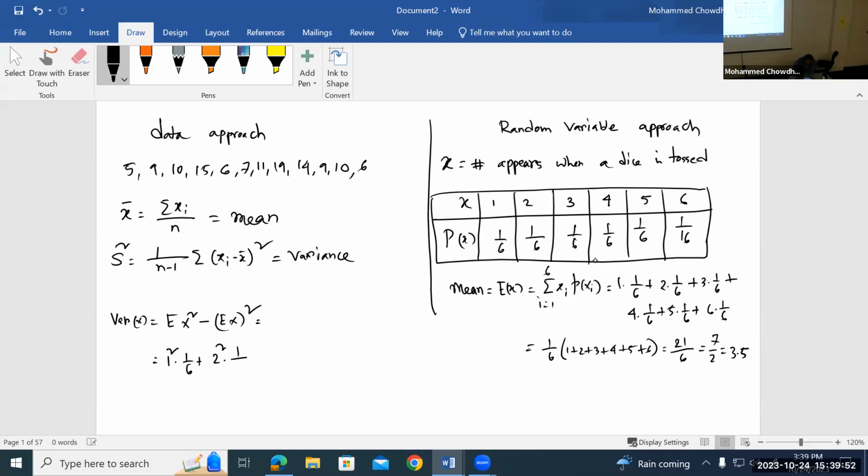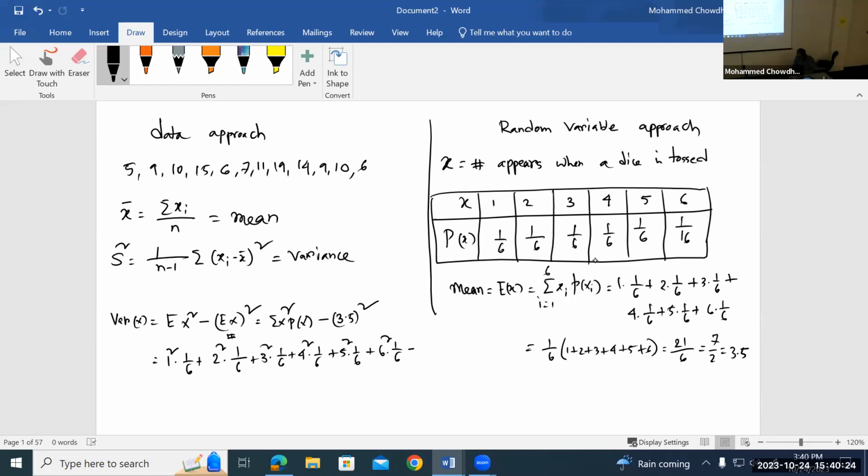Again, you can write it as the sum of x square times p of x. And the expected value of x you have already found, which is 3.5, so we subtract 3.5 square. Now you can write these: 1 over 6 times 1 square, plus 2 square, plus 3 square, 4 square, 5 square, 6 square, minus 3.5 square.